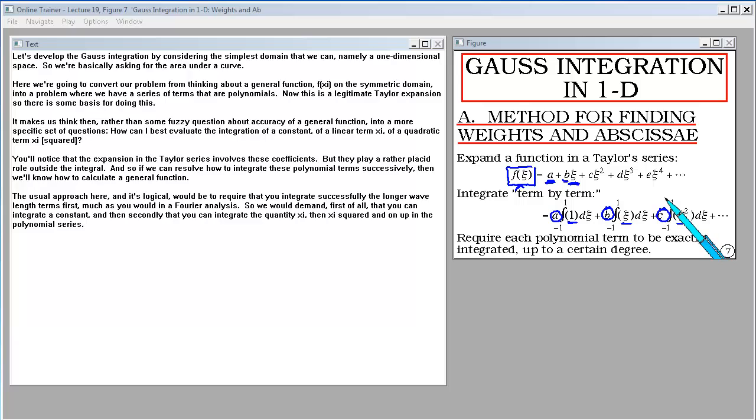The usual approach here, and it's logical, would be to require that you integrate successfully the longer wavelength terms first, much as you would in a Fourier analysis. So we would demand, first of all, that you can integrate a constant, then secondly, that you can integrate the quantity xi, then xi squared, and on up in the polynomial series.